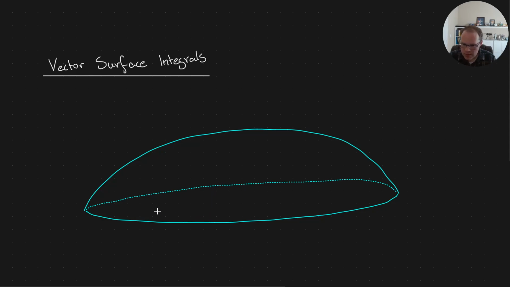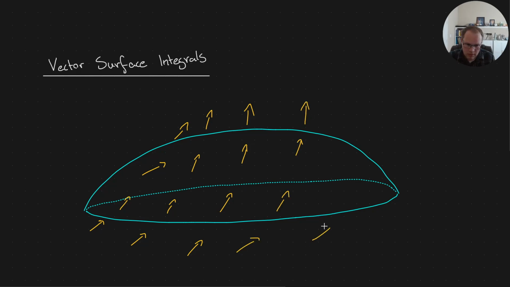All right, so maybe our vector field is doing something like this. Okay, so we could definitely see there it's flowing through the surface, right?